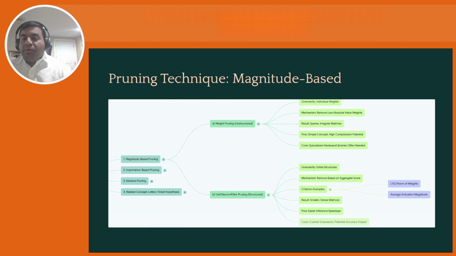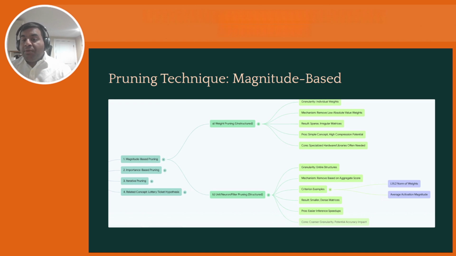How do we decide what to prune? The simplest and most common approach is magnitude-based pruning. It operates on the assumption that parameters with small absolute values contribute less to the neural network's output. Weight pruning, which is unstructured, removes individual weights below a certain magnitude threshold. This results in sparse, irregular matrices offering higher compression potential, but often requiring special hardware or libraries for speedups.